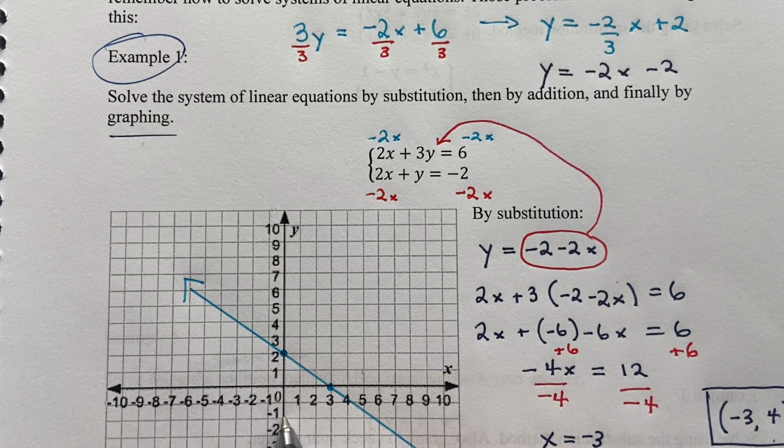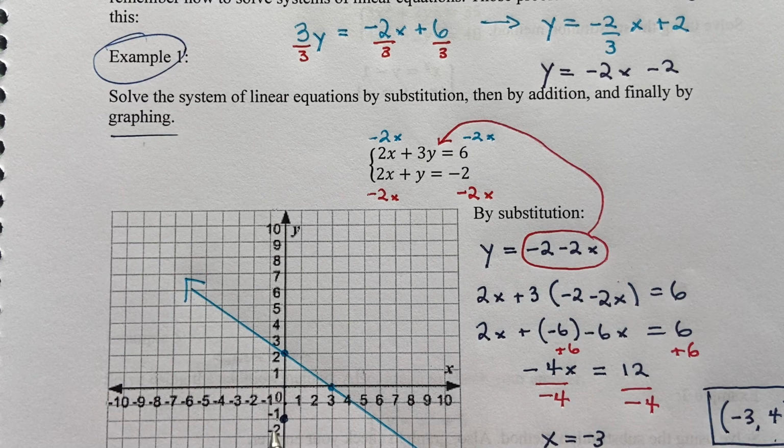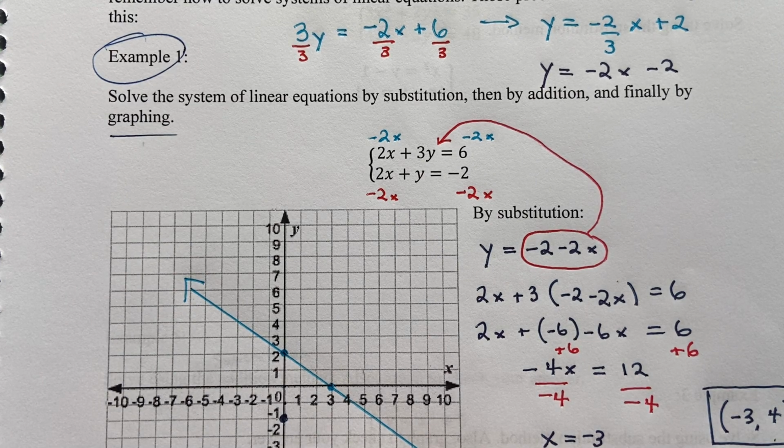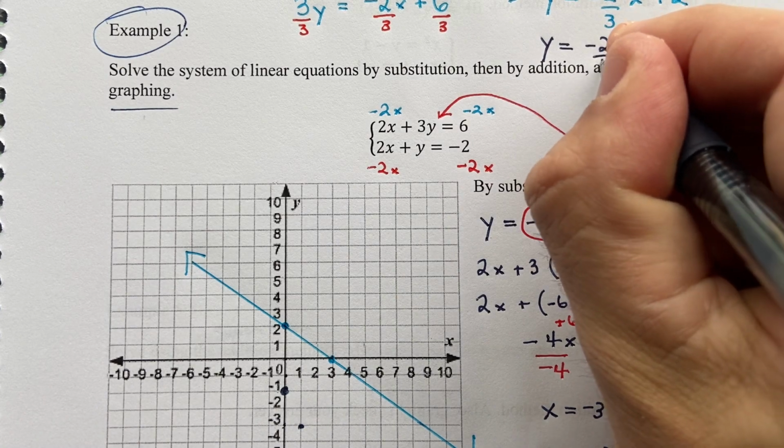So I go down here to -2. This graph is weird. This is actually -1, -2. And then I go down 2 and over 1. Sorry, what I did was I went down 2 and over 1 because of this -2/1 slope.